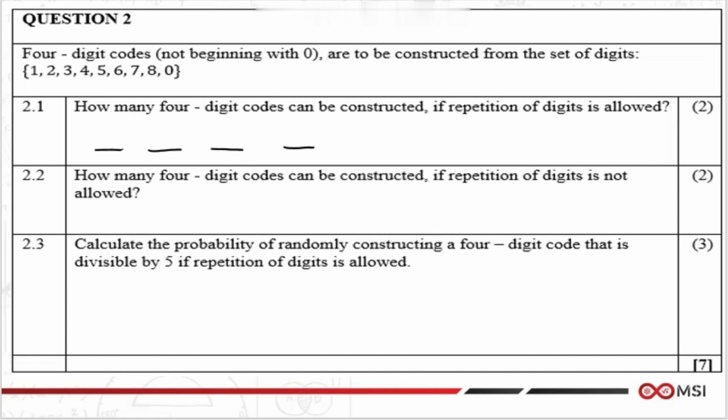Remember, we are having 9 digits in our sample space. Okay, in our sample space we are having 9 digits that we are going to use, but there is a restriction there that says not beginning with 0.